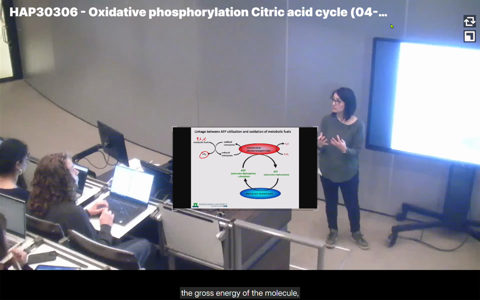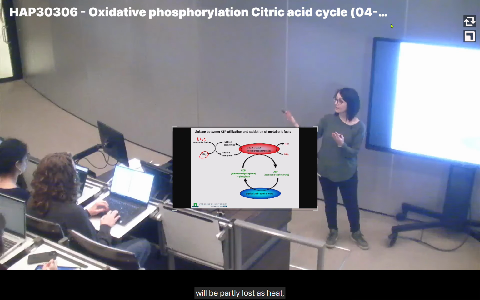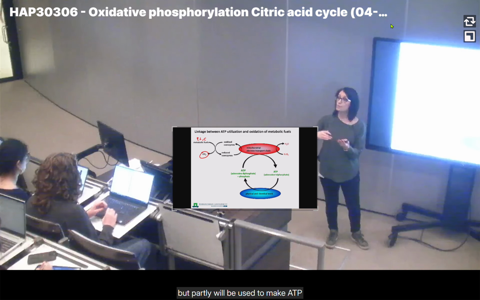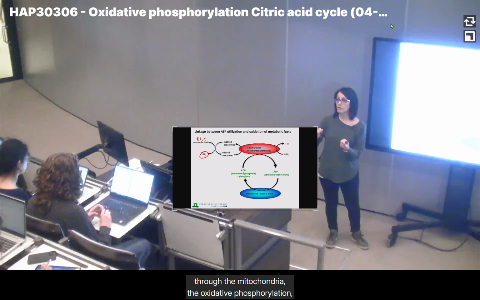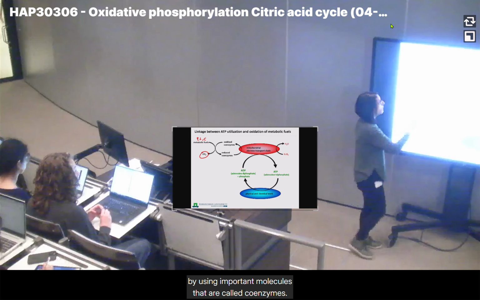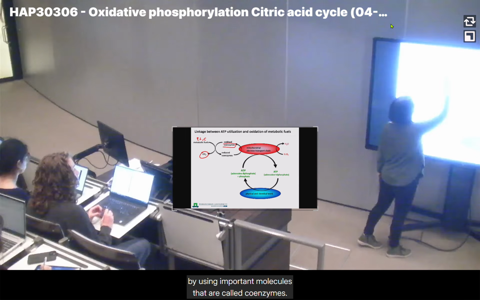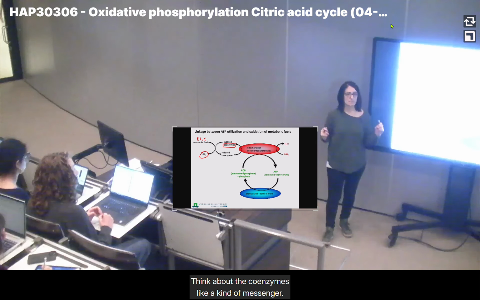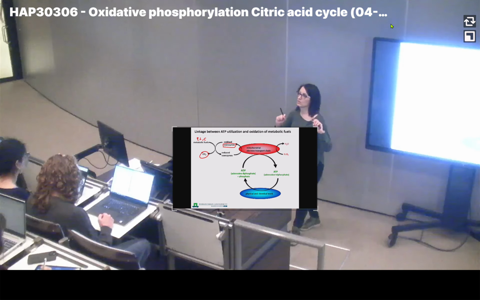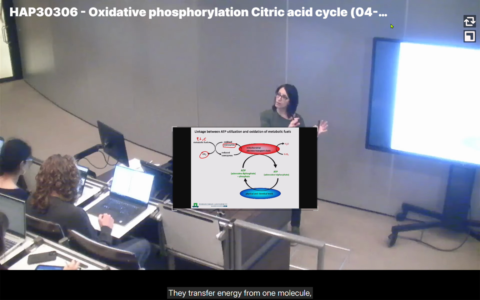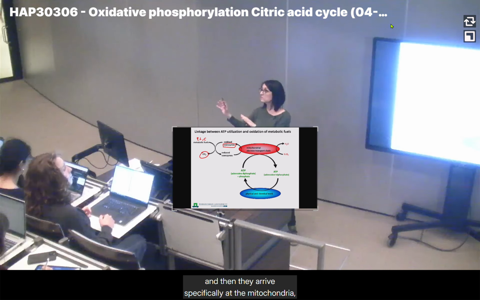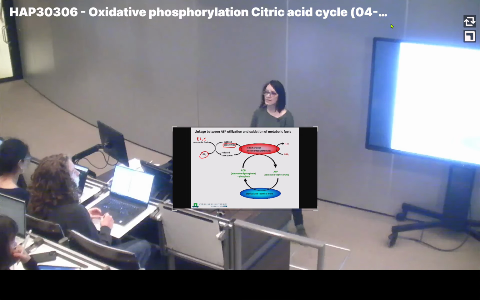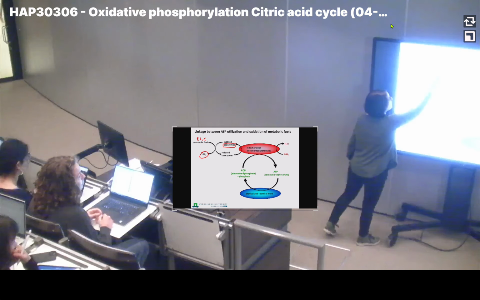The energy content, the gross energy of the molecule, will be partly lost as heat, but partly will be used to make ATP through mitochondrial oxidative phosphorylation by using important molecules that are called coenzymes.